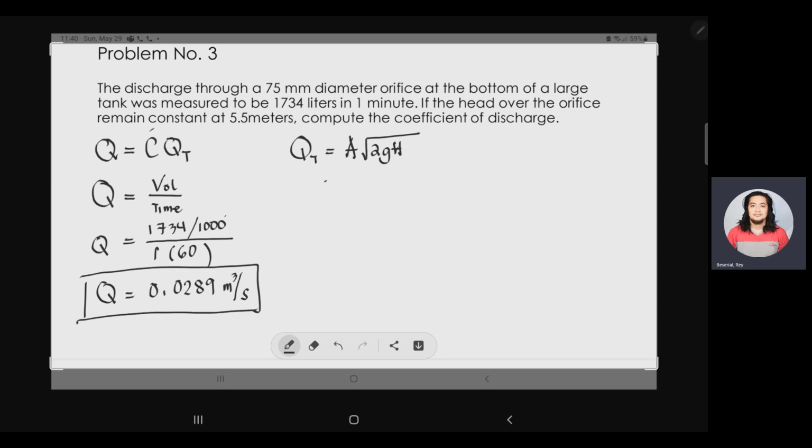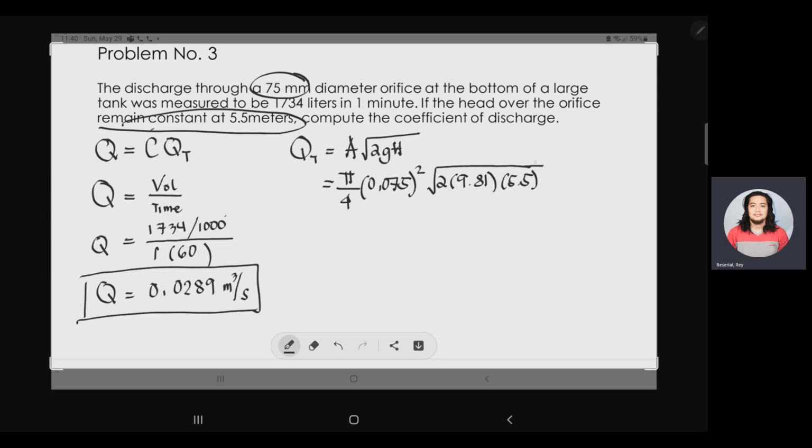So, ipang-input na natin ang mga values. So, pi over 4, yung opening ng ating orifice, ang kanyang diameter is 75 mm. So, 0.075 squared. Okay? Times square root of 2. Ang ating G is gravitational pull na 9.81. And then yung ating head na 5.5.